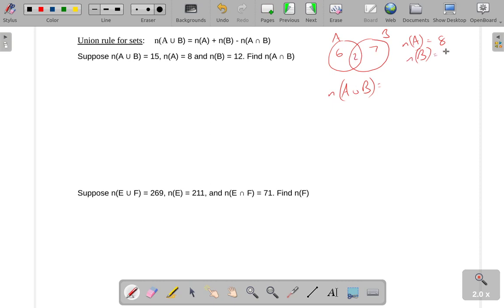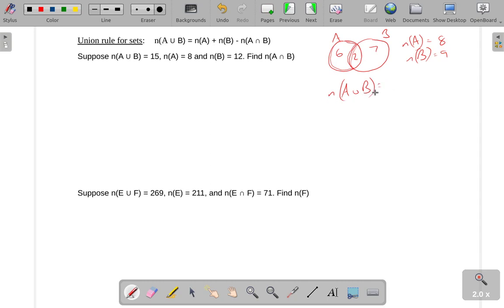N of B is 9. Now, to make sure you're clear when I add numbers on these, the numbers that I'm saying here are the number of elements within each of these regions. This 2 is specifically the number of elements within this region. This 6 is specifically the number of elements within this crescent moon. And so that's why n of A is 8: I would have to add these together.